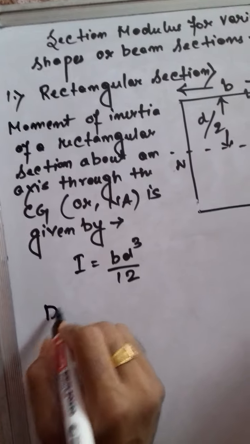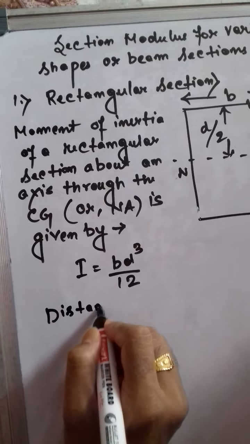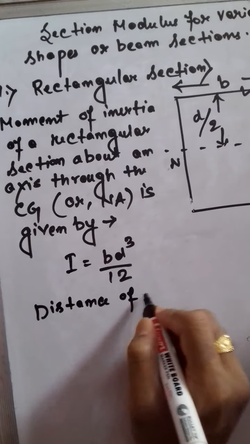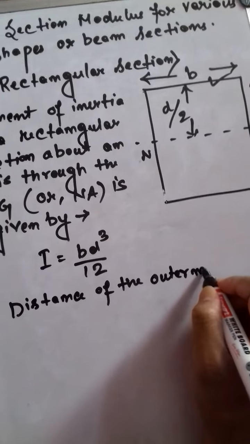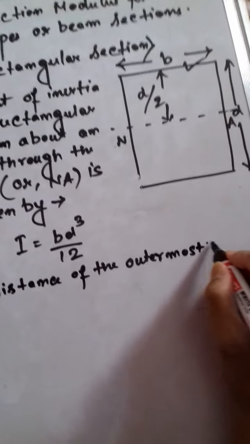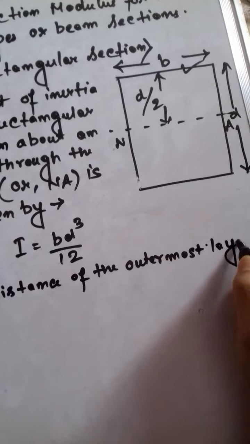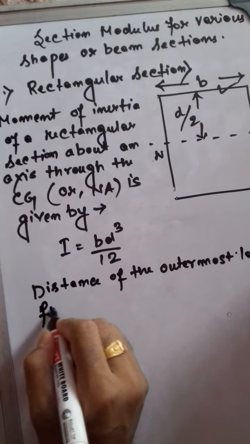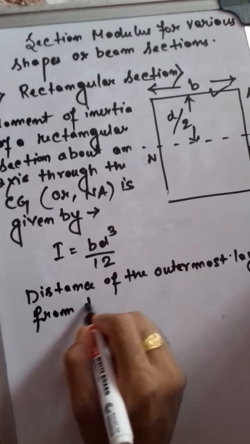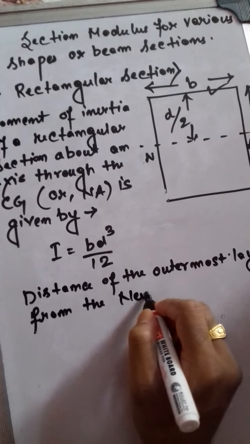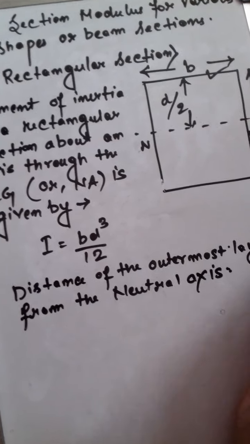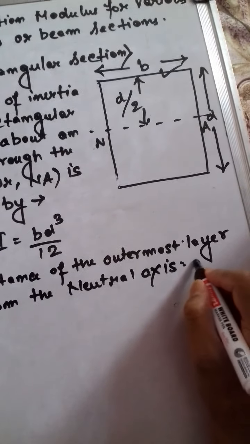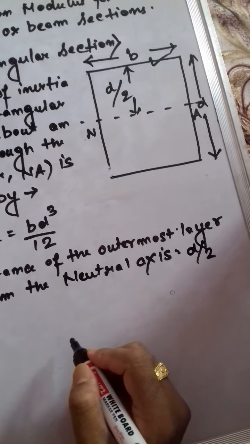So distance of the outermost layer from the neutral axis is equal to d by 2, right?